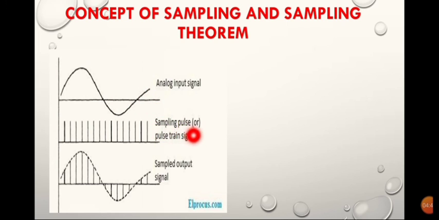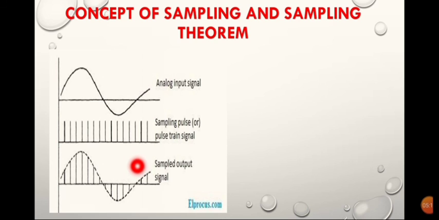This is the sampling pulse, or pulse train signal. This signal is used to sample the analog signal. Sampling means, suppose this is a knife and we are going to cut this signal into small parts. These are different knives, for example, and these knives cut the signal. A single cut piece of the signal is known as a sample.